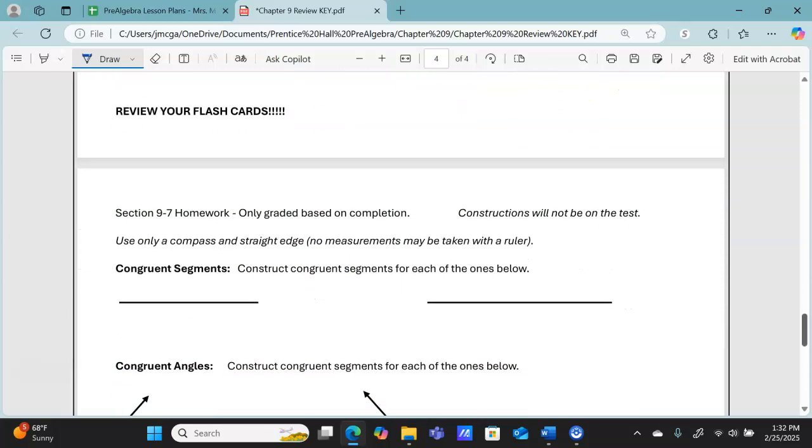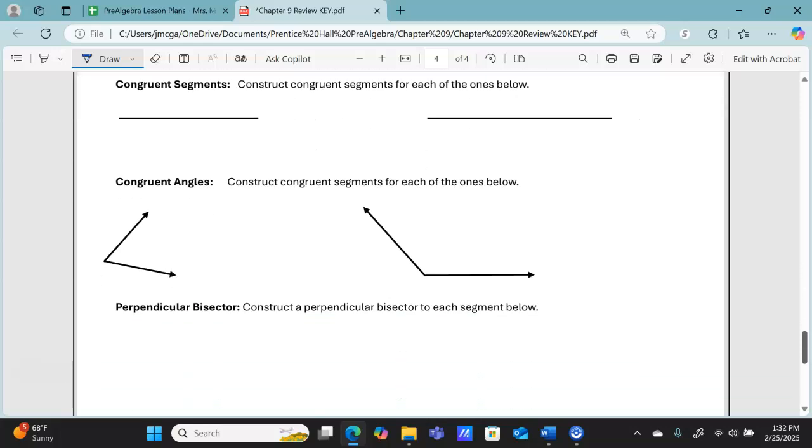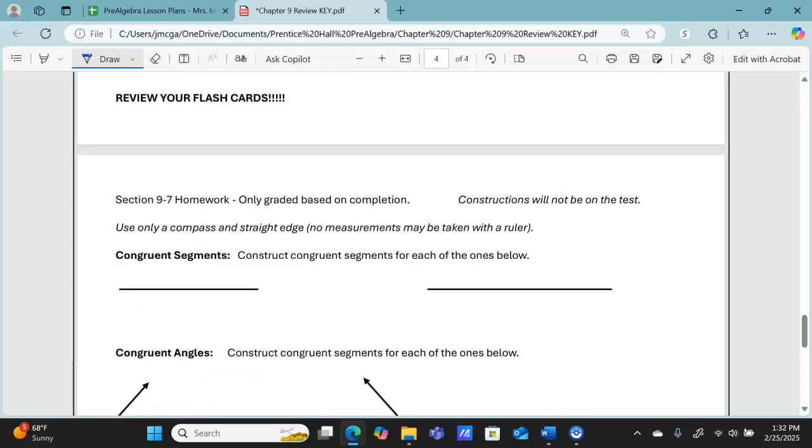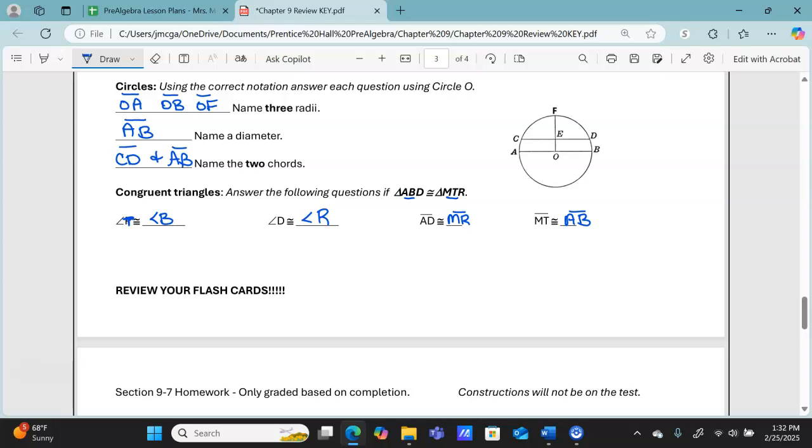And then this page was your 9-7 homework, and constructions are not on the test. But I had you do those because they're fun and it's a good way to get a little practice on that before you do it in geometry. Please, please, please review your flashcards. There were things on your flashcards that were not on this review.